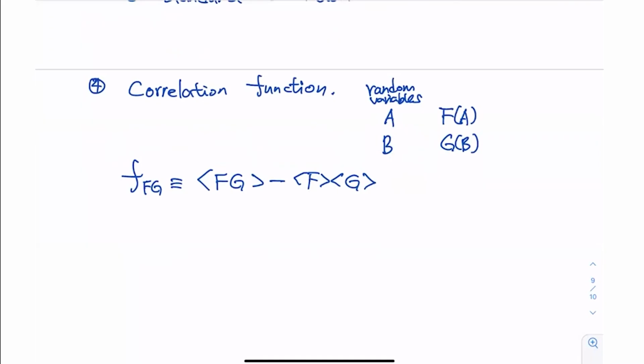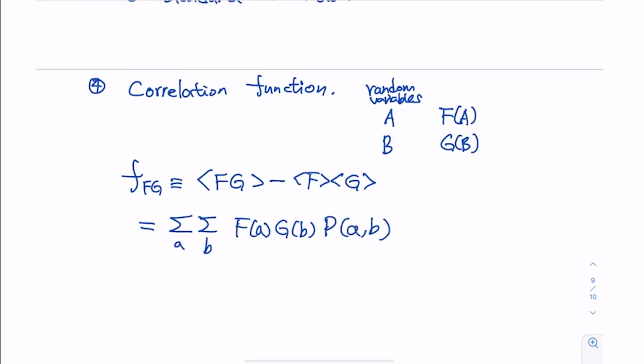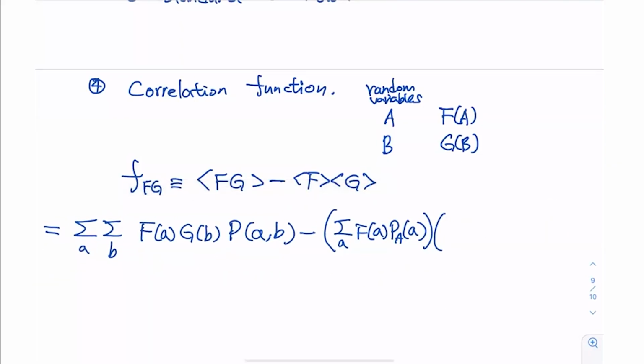If I write it in a more formal way, it means that I consider all the possible outcomes of events A and B, and evaluate the values of f and g with those events, multiply by the joint probability of events A and B, and subtract the product of the mean of f and the mean of g.